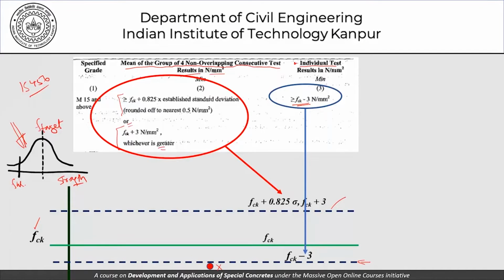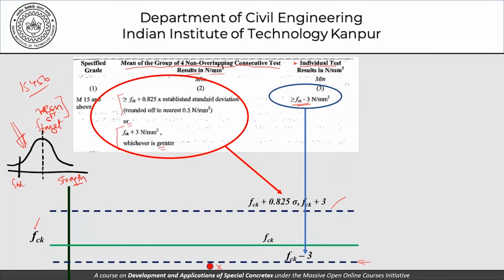So we are not talking of nominal mixes here, we are talking of proper design mixes. So those design mixes have been designed to have this value as the mean strength, and we are trying to figure out whether concrete cubes or samples which have been brought to us meet the acceptance criteria. So this is the individual which is failing this criteria.